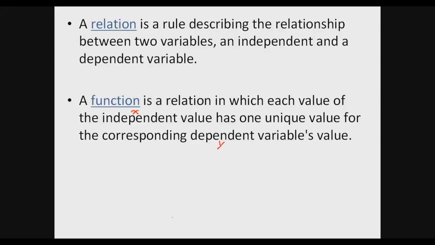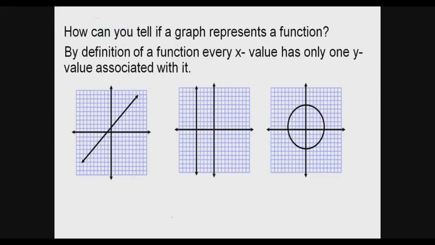We're going to look at a couple instances here. How can we tell if a graph represents a function? By definition of a function, every x value has only one y value associated with it.